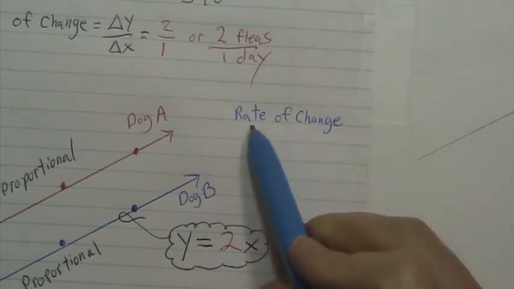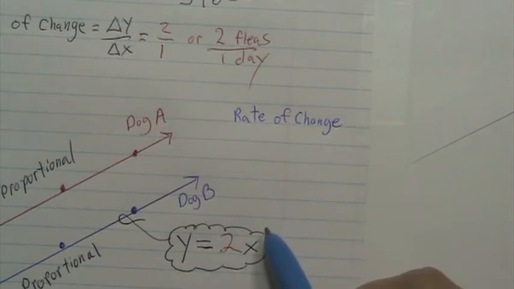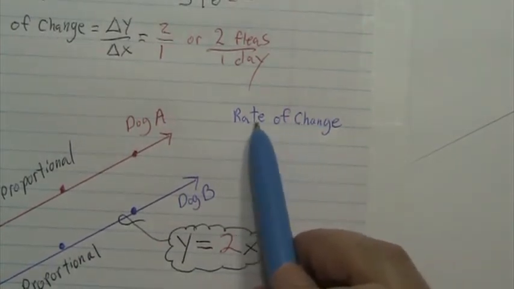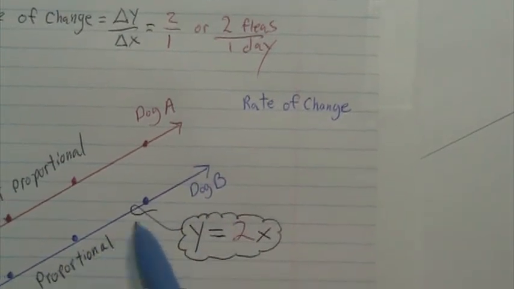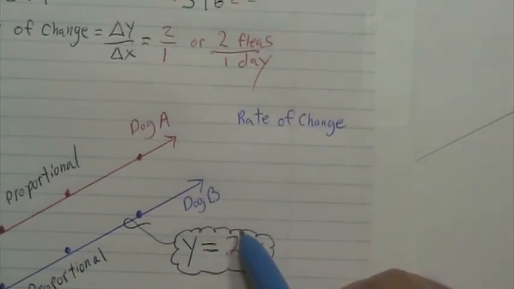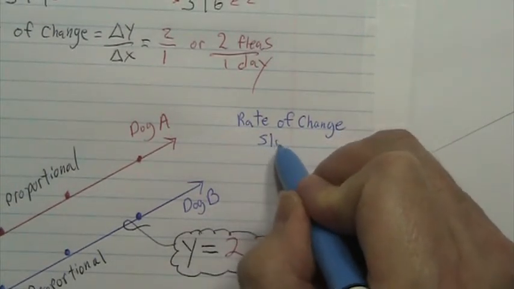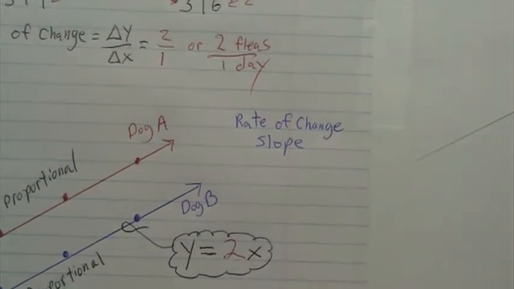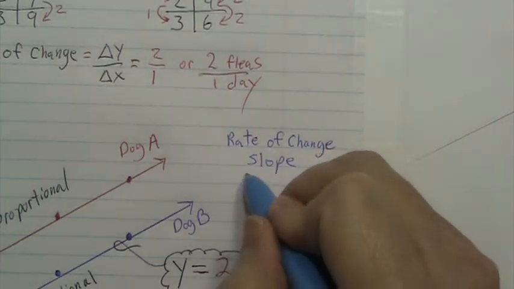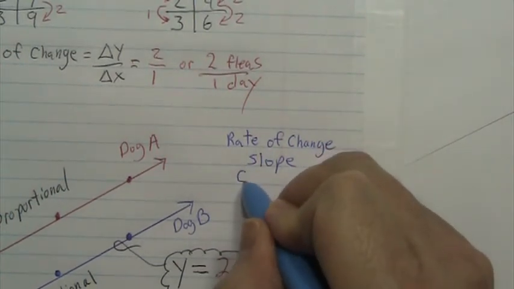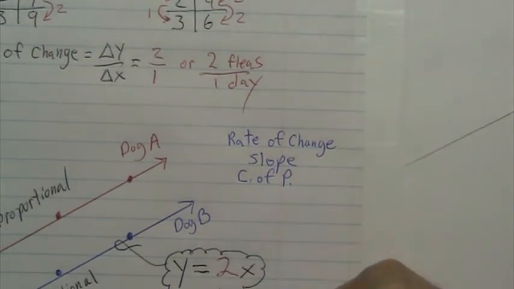Okay, so now I'm going to write some words that all mean the same thing that you will see frequently. Rate of change. Now they all go for this line here because it's proportional. Rate of change. Slope. Another word is constant of proportionality. Remember that? COP.